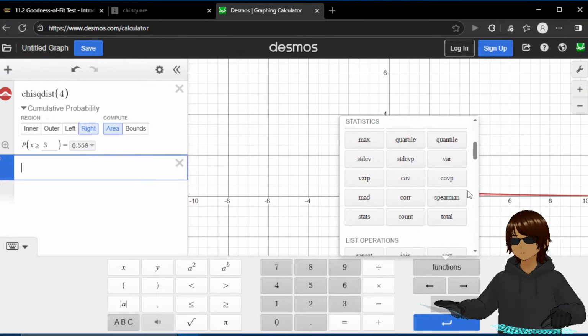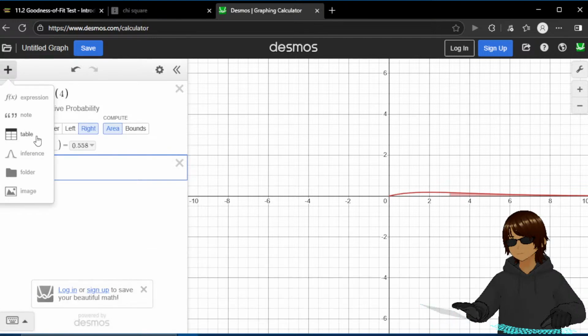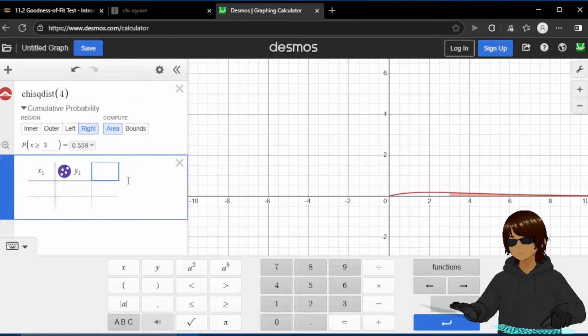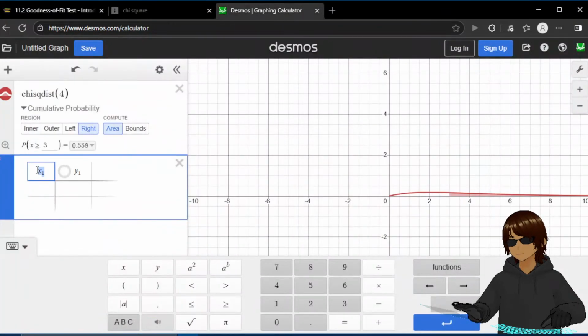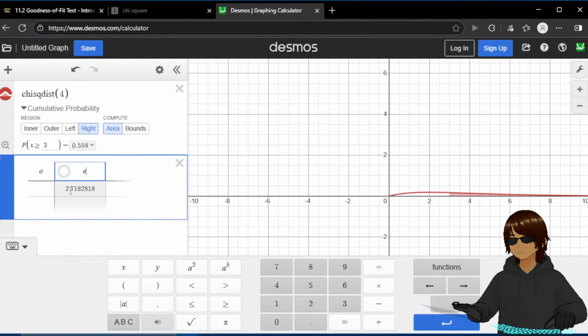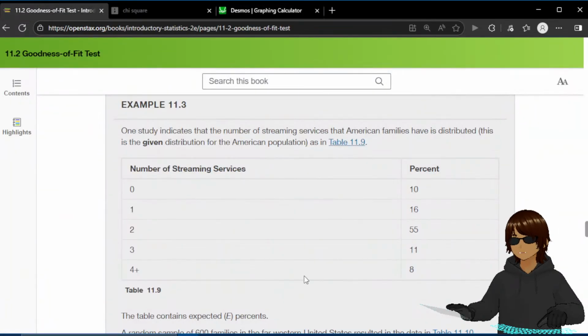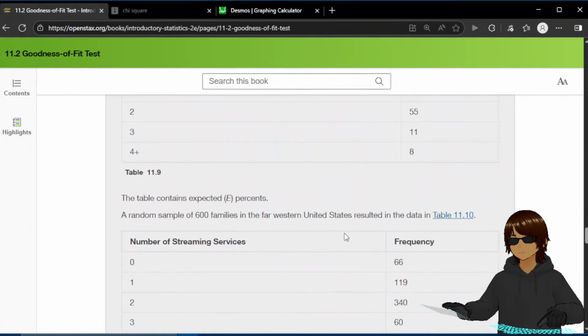Is there a way to do chi-square more easily? If I do observed and expected, 10 and 66 and 10.